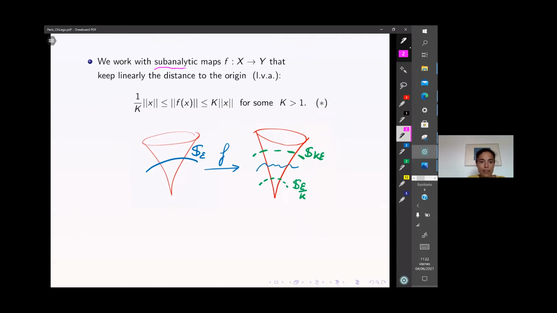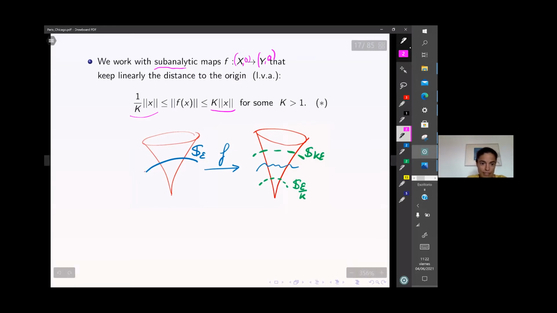That means that this is a germ in 0 and this is a germ in 0. So the image of x has modulus between 1 over K times the modulus of x and K times the modulus of x for certain K greater than 1, and this constant doesn't depend on x, of course.